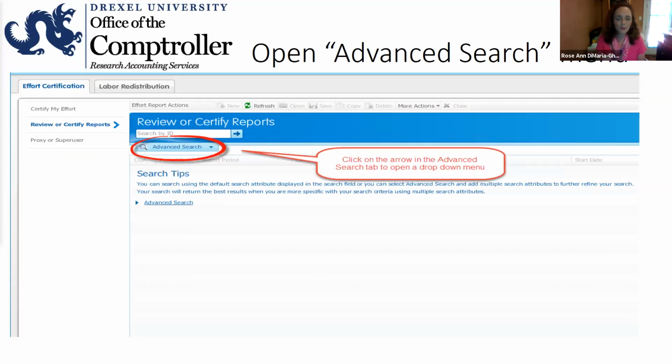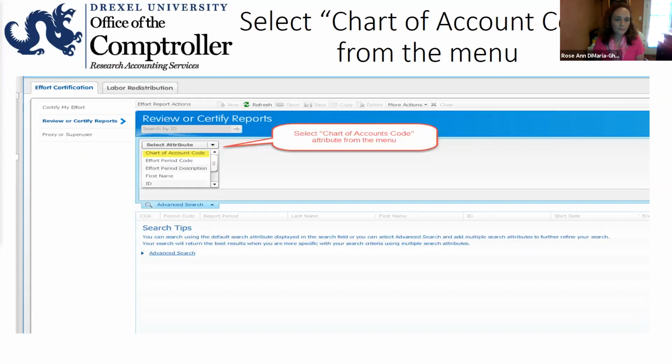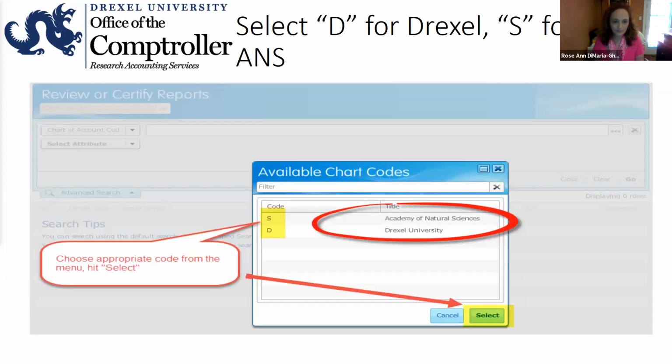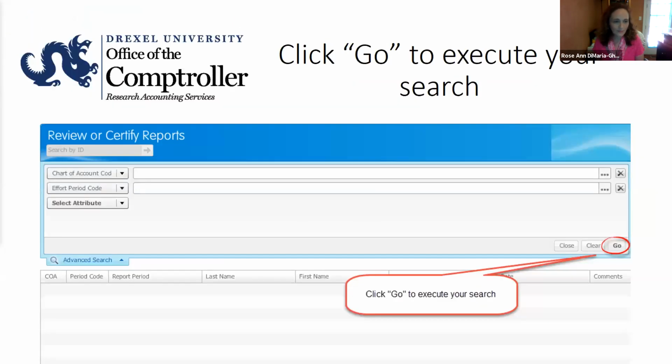And then here is where you click on the advanced search tab. And this is where you have to look at chart of accounts, because you need to locate who you're going to be the proxy for. So you click on which account, a chart code, execute your search.